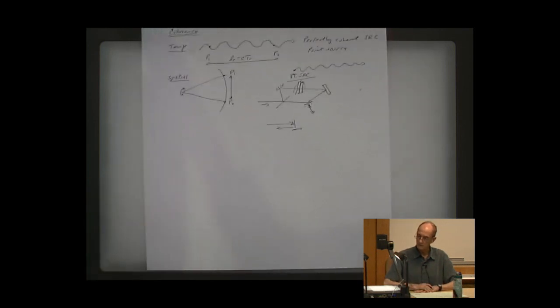So again, keep that in mind when you're doing your work. At any rate, we're establishing some notions here about this coherence length and coherence time. We looked at a couple of examples.